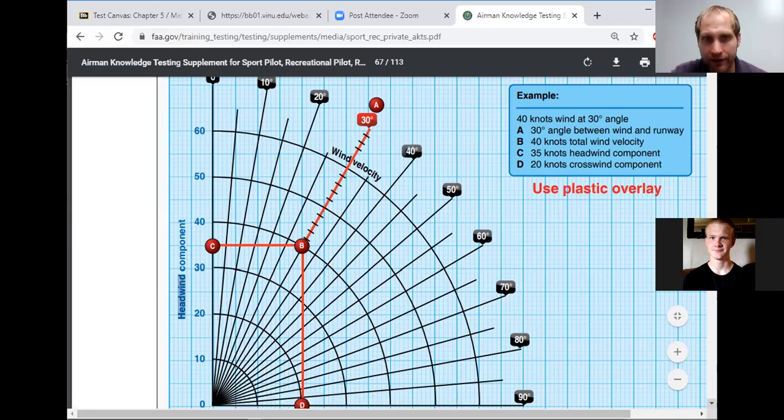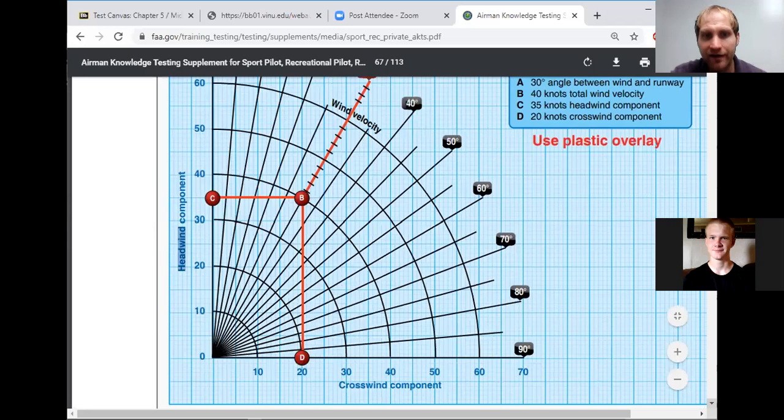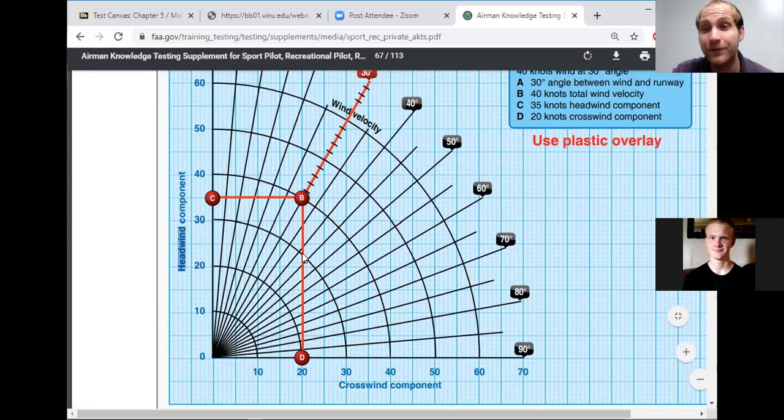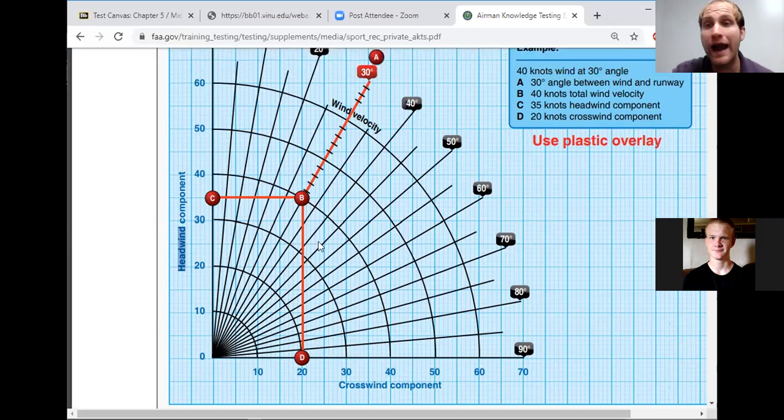If I scroll down a touch more, down here you can see crosswind component. So wherever we find our mouse pointer, wherever we find our plot, and we figure out the difference of the angle of the runway and the wind, and we figure out how strong the wind is, when we move to the left, we'll see how much headwind that could be.